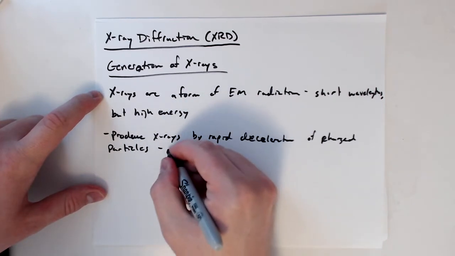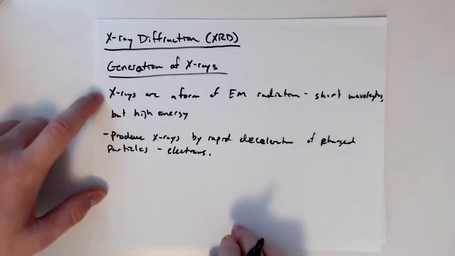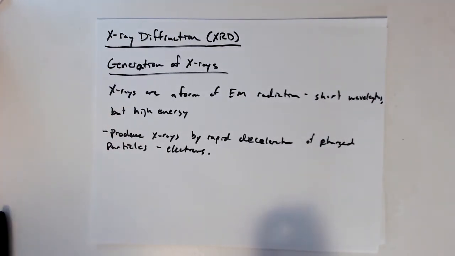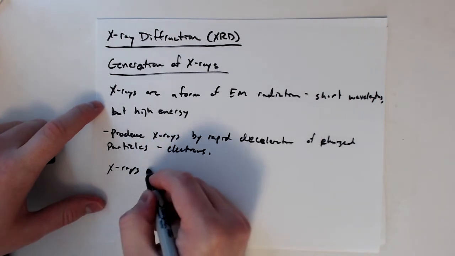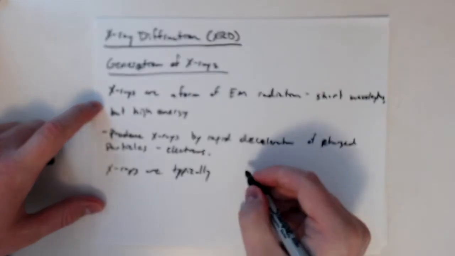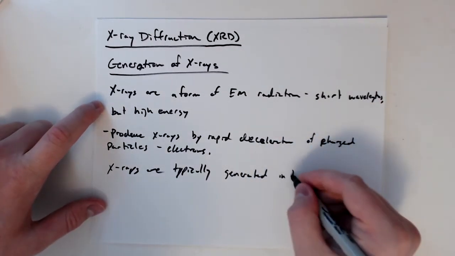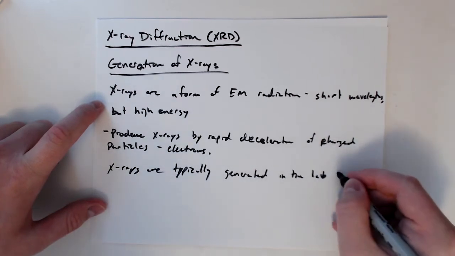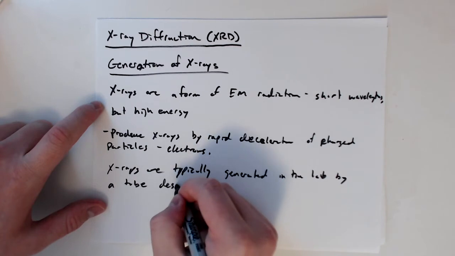So in most cases, this is electrons. All right. So typically, X-rays generated in the laboratory setting by a tube. So a tube design.